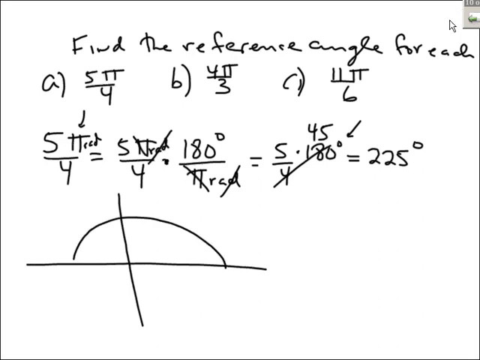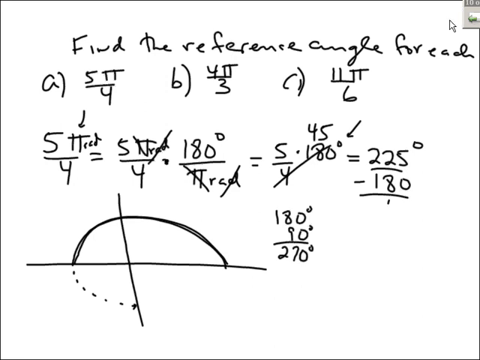Well, I just went 180, and if I continue up to there, I would have added 90 more degrees, and now it would be 270 degrees, which is more than I want. So if I take away 180 degrees, the amount that I already went, I'll figure out how much more I have to go. And I have to go 45 degrees more.